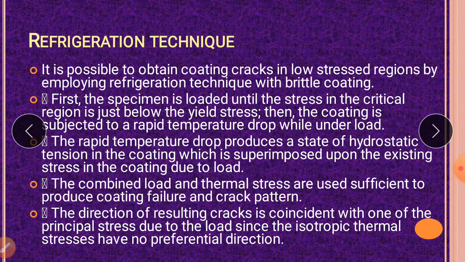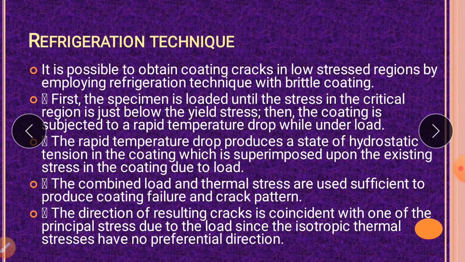So next we want to see some techniques that will be helpful for understanding the stresses by using the coating. It is possible to obtain coating cracks in low stressed regions by employing the refrigeration technique with brittle coating. As we see, low stressed regions are nothing but regions where the stress is very low.